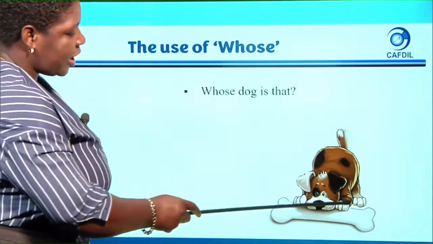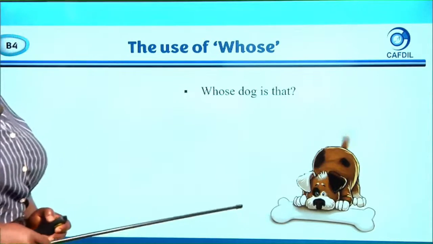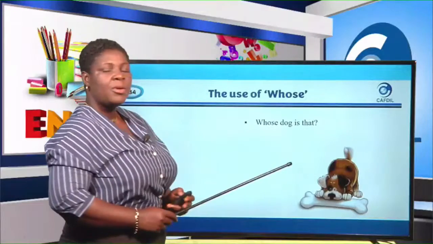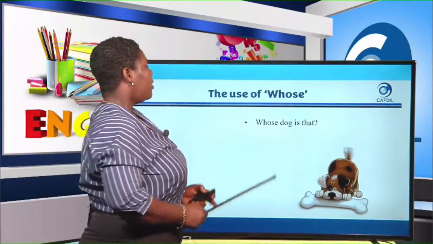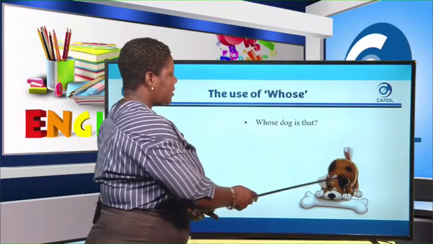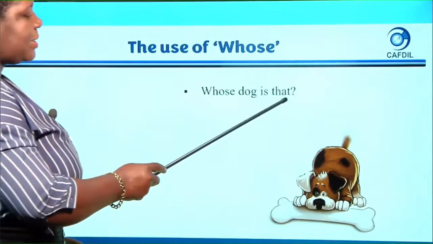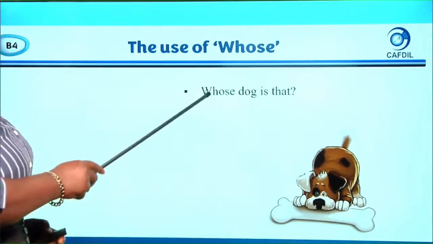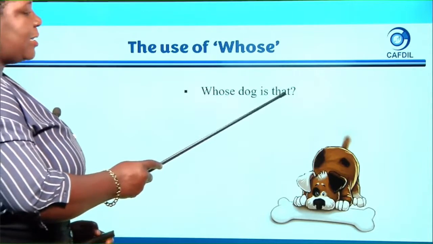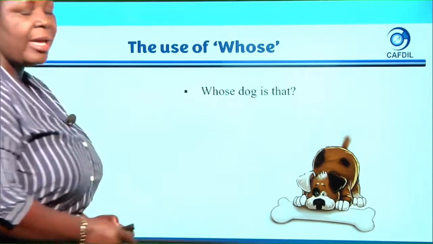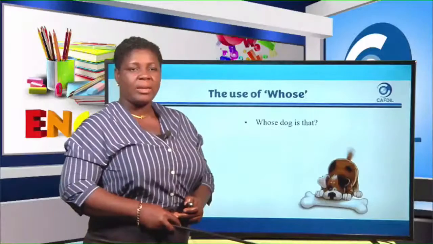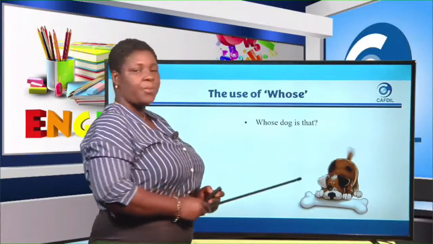Now we have a picture here, and we are going to use whose to ask for the owner of this. Whose dog is that? This dog is for someone. Who is it for?